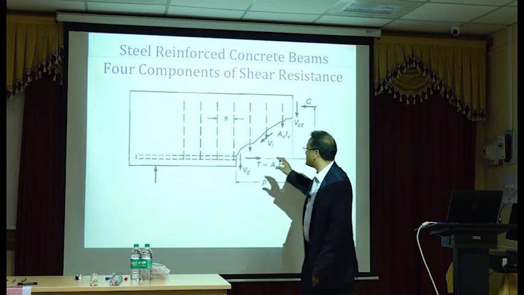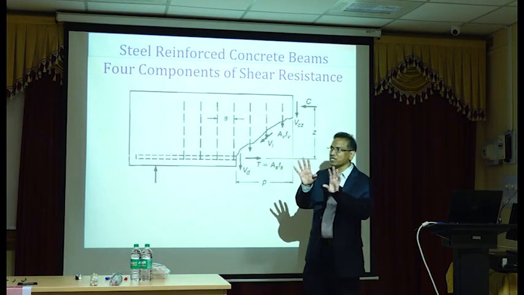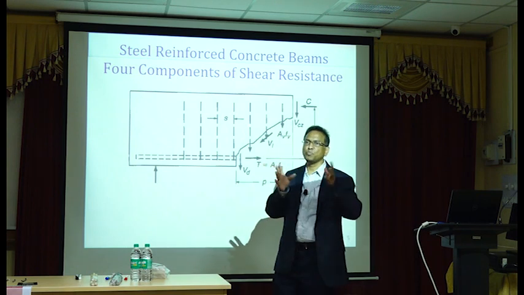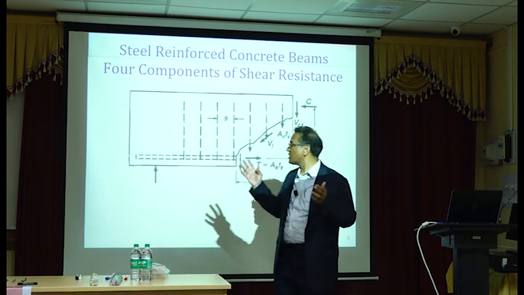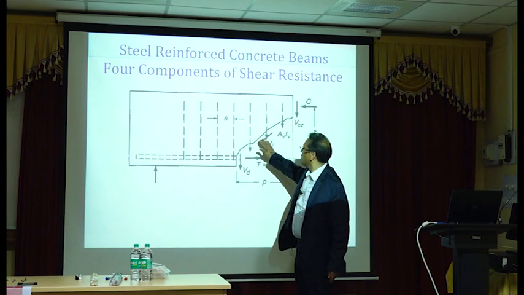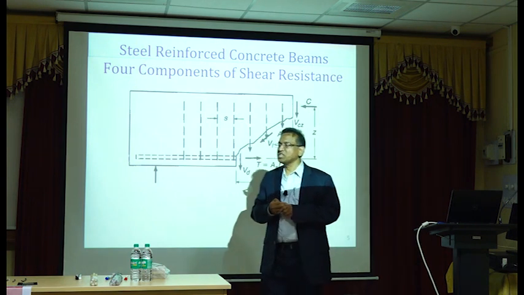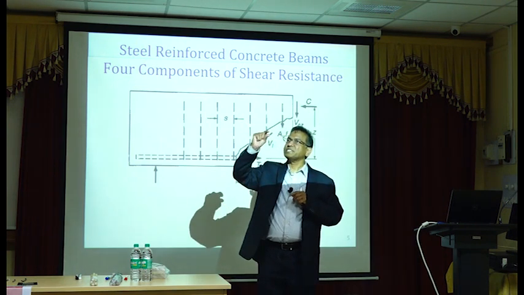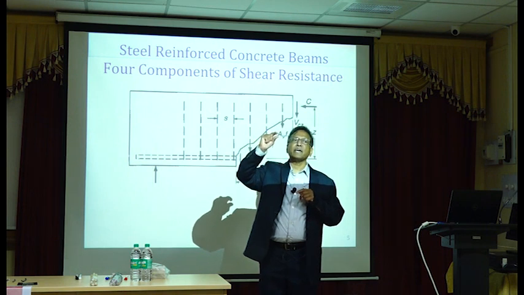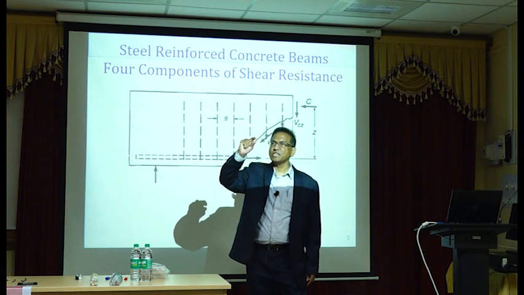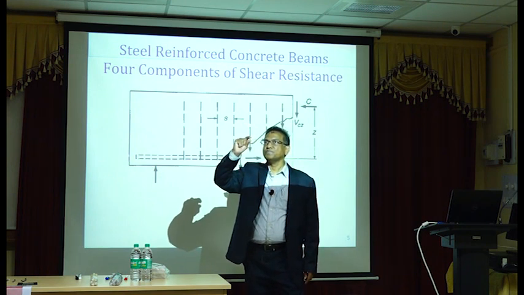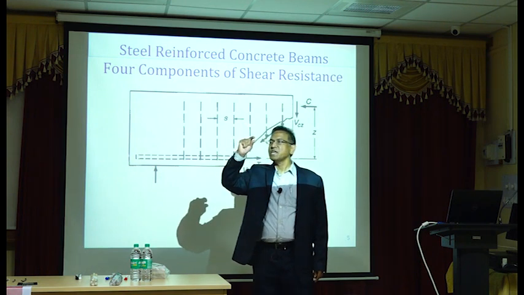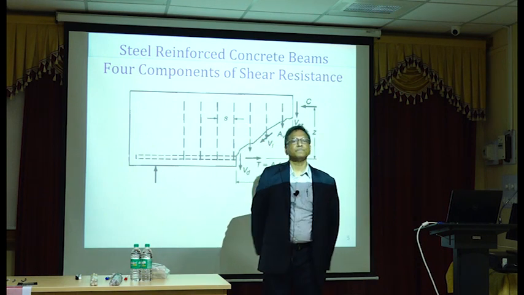Because you need to keep this integral. The whole thing should act like a beam, not like two pieces of concrete blocks. So we need to make sure the shear transfer capacity of the cracked concrete is maintained. That means the crack widths cannot be very large.